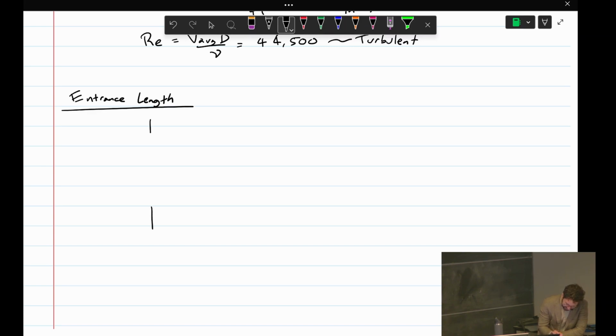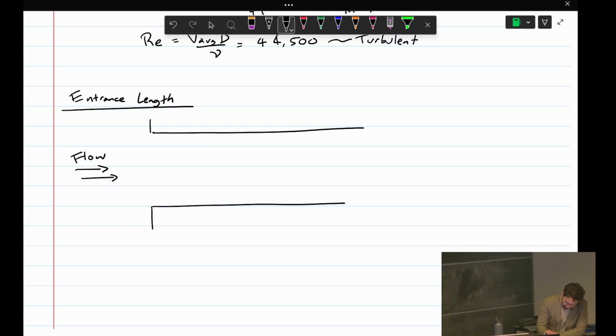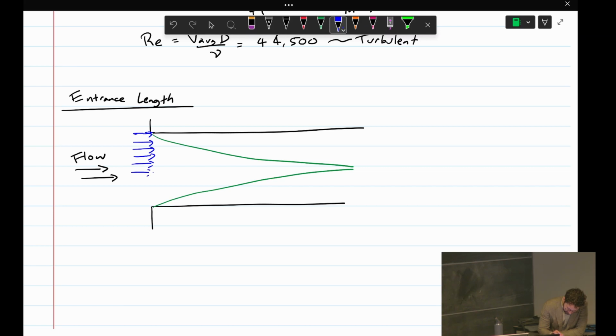So say we have some big tank or something like that that our pipe is connected to. We have flow coming like this. So our boundary layers will grow like this green line. At some point they'll connect. So the flow, we can assume it's uniform here. So it's going to do something like this. Until it's fully developed, it will look quite uniform in the middle.